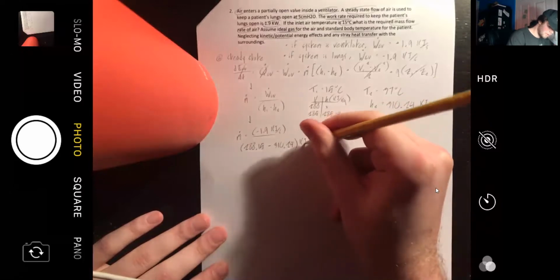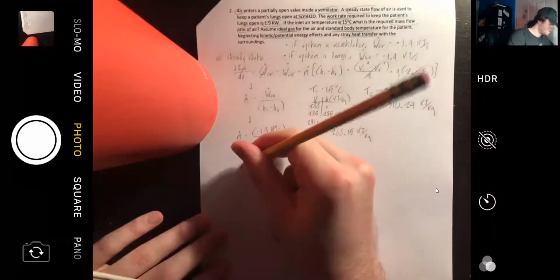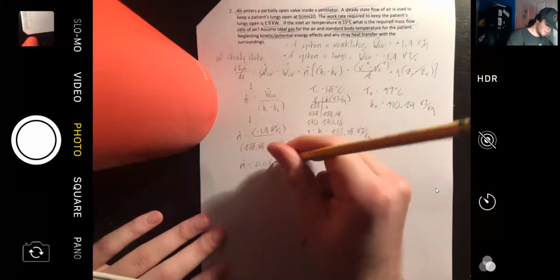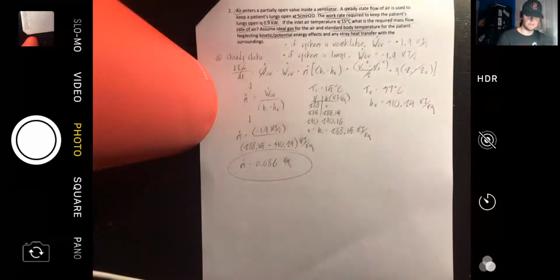Include units, make sure they cancel out properly. So cancel. And your final mass flow rate will be 0.086 kilograms per second. So this is the mass of air per second that's entering the lungs. And that's how you do number 2.